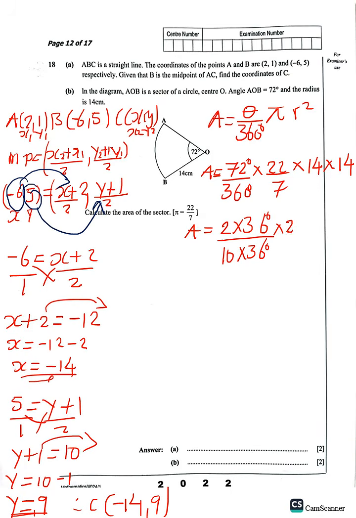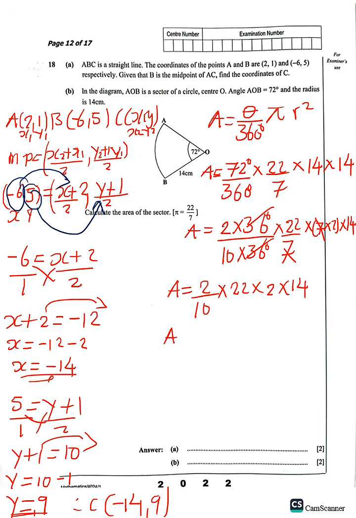Then here we have 22 over 7. This 14 is the same as 7 times 2 times 14. Okay, so what can we cancel? We cancel this. So we have area is equal to 2 over 10 times 22, and this 7 will cancel, so we have 2 times 14.